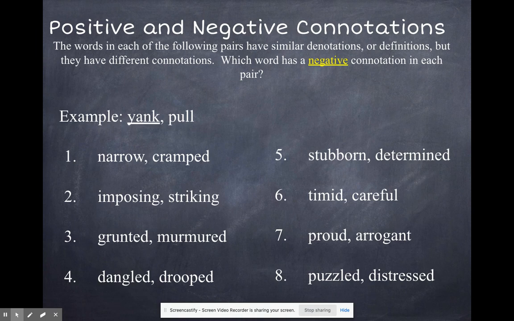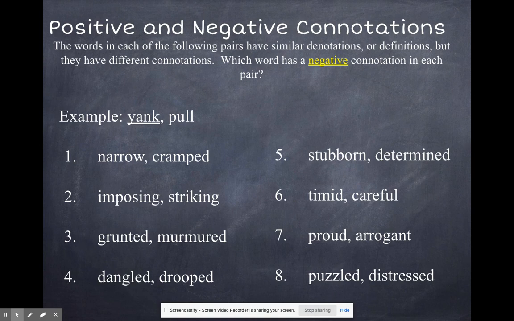So your job is you're going to look through each pair and figure out which one has a negative connotation. So there should be one for each pair. So for example, yank and pull, right? Yank would have a negative connotation behind it. Pull would have a positive connotation, right? So now looking at number 1, would narrow or cramped have more of a negative connotation to it?